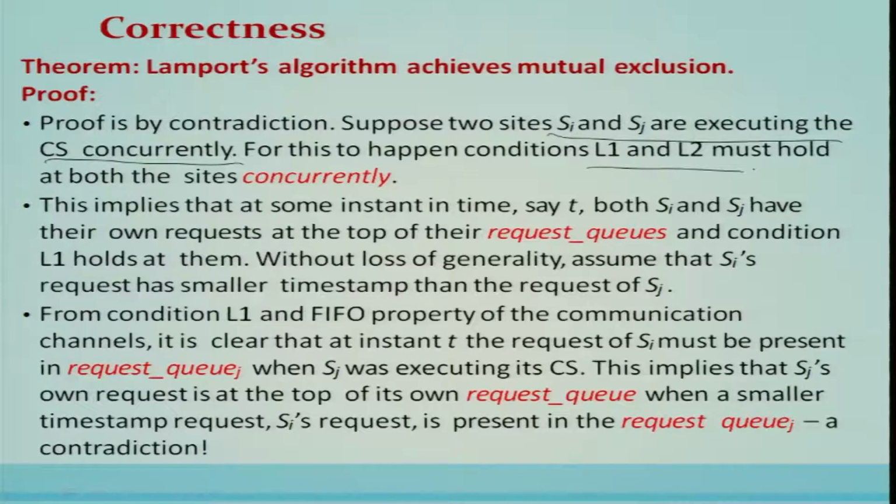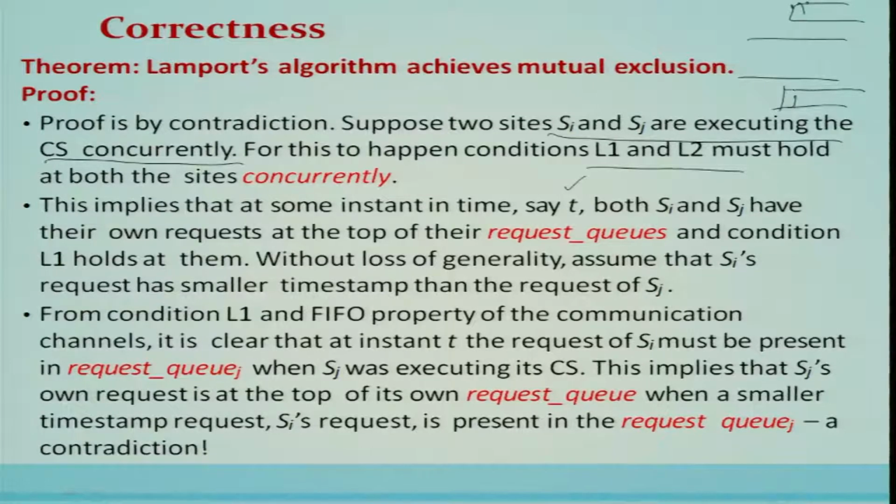This implies that at some instant in time, say t, both Si and Sj have their own requests at the top of the request queue, and the condition L1 holds at them.